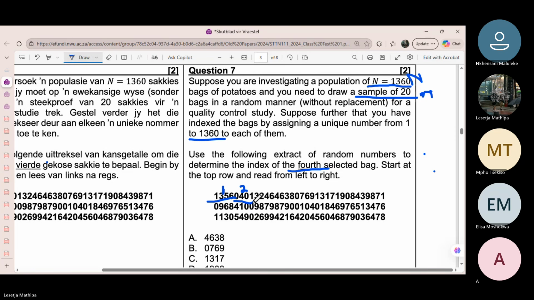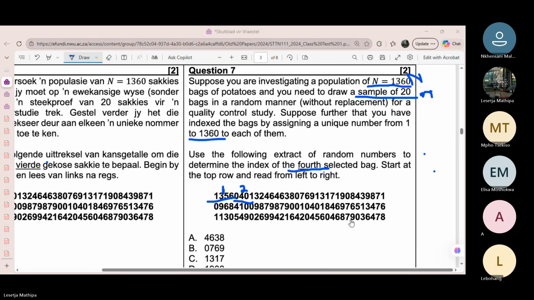You can all see that. Can you all see? Then what about the third element? Who can give us the third element answer?